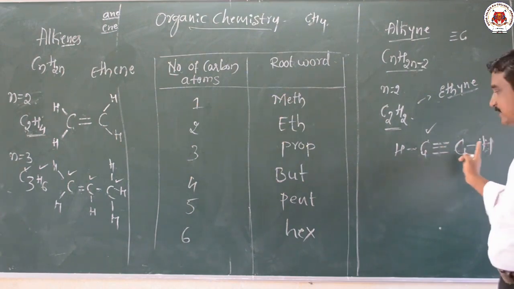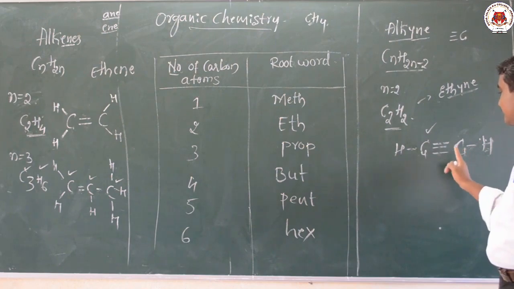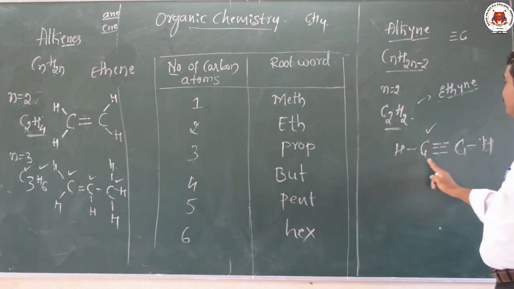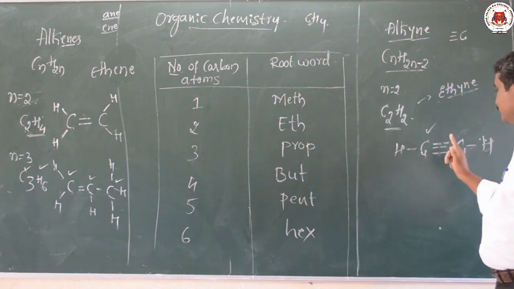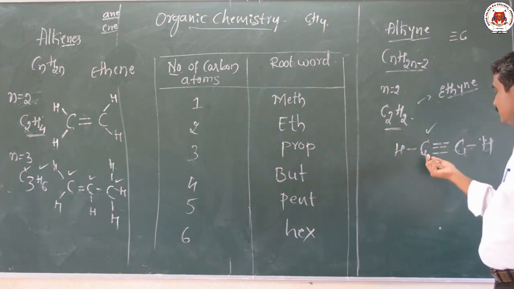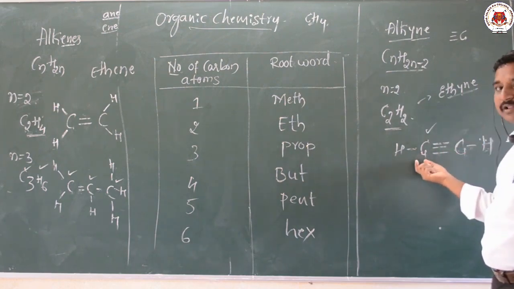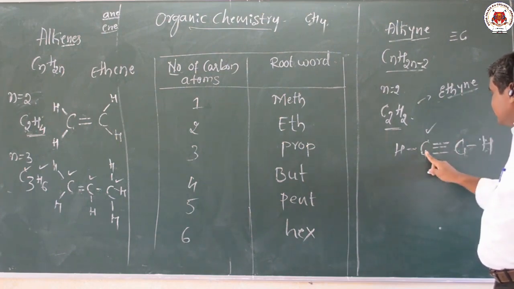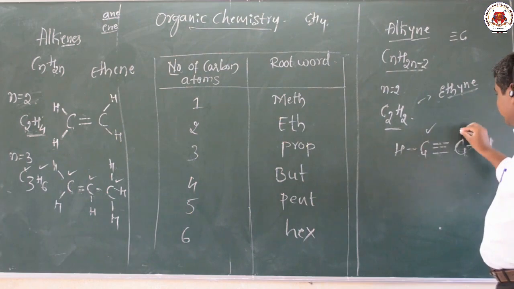By writing this 1 hydrogen atom, this carbon satisfied its tetravalency, and this is the structural formula for ethyne. "Yne" indicates there is a presence of a triple bond, and eth, the root word, indicates there are 2 carbon atoms in the given organic compound. So again this carbon satisfied its tetravalency.